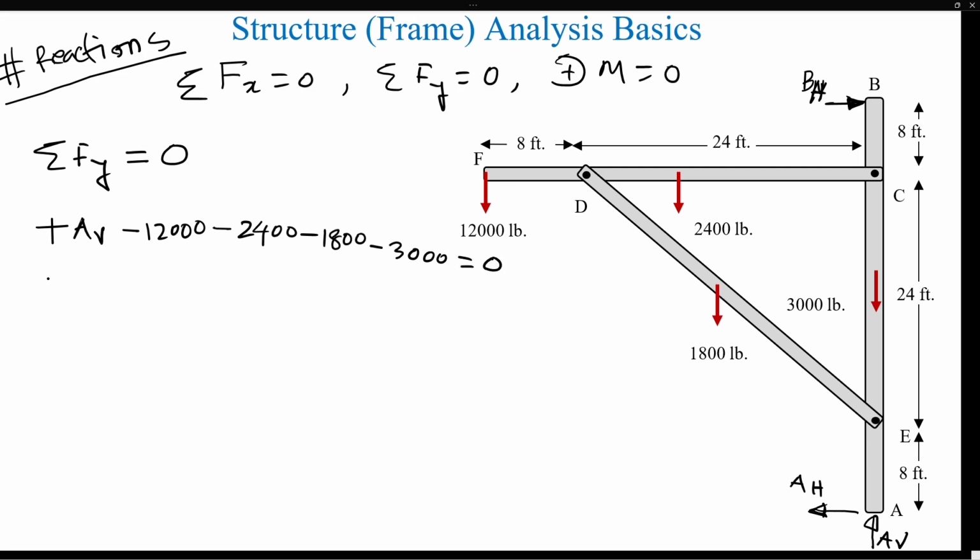They are all acting downwards. So the vertical component at A, I found, is 19,200, a positive force in the upward direction.